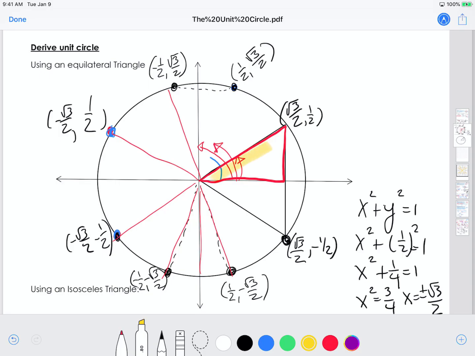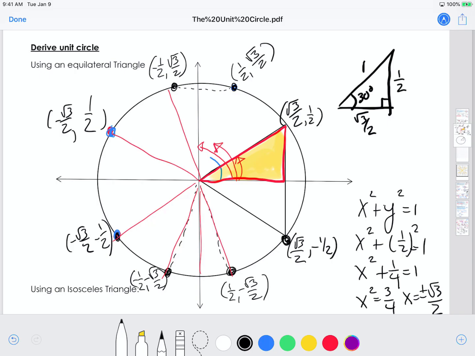So I'm looking at this triangle right here that I just highlighted in yellow. This is a right triangle. This is 30 degrees. This side is 1/2. This side, which is my radius, is 1. And then this side here would be the square root of 3 over 2.